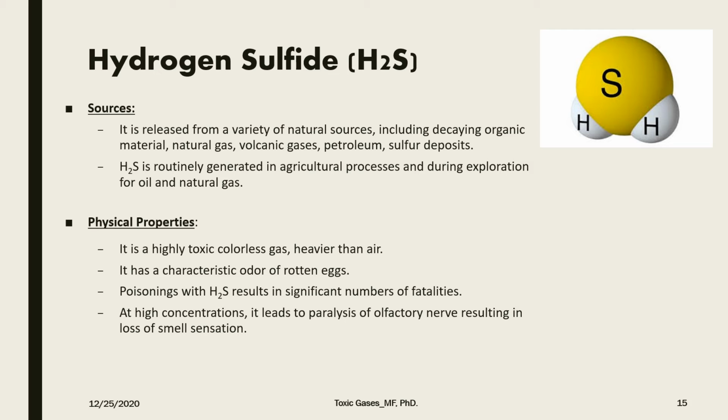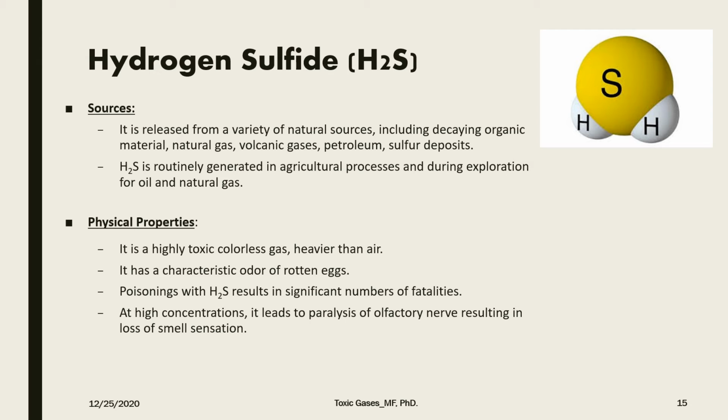Hydrogen sulfide is routinely generated in agriculture processes and during exploration for oil and natural gases. It is a highly toxic, colorless gas which is heavier than air, so it's usually in places below the surface of Earth. It has a very characteristic odor of rotten smell.